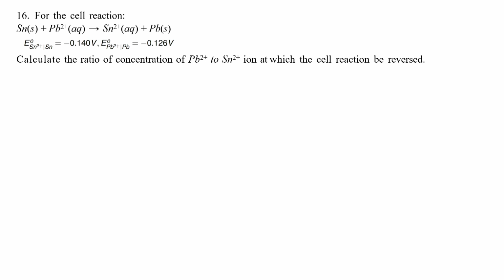For that, we need to understand the reaction taking place at anode and at cathode. At anode oxidation takes place. So, at anode Sn solid goes to Sn2 plus aqueous plus 2 electrons, and the corresponding E naught value is minus 0.140 volt.